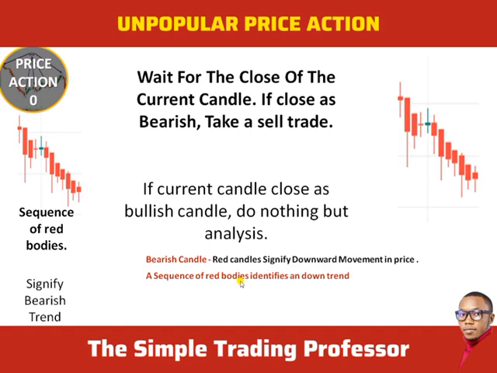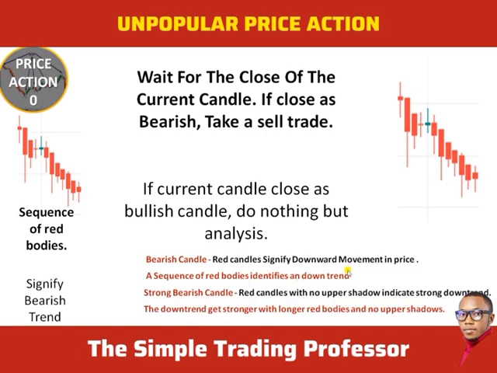A sequence of red bodies identifies a downtrend. A strong bearish candle is a candle with no upper wick, no upper shadow, indicating a strong downtrend. The downtrend gets stronger with longer bodies and no upper shadows. The same thing, the opposite is the case.